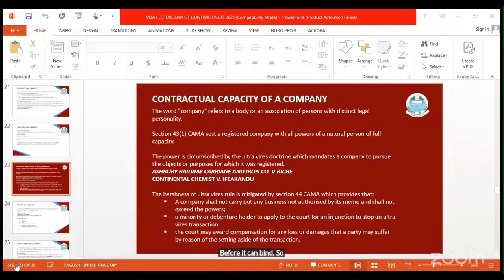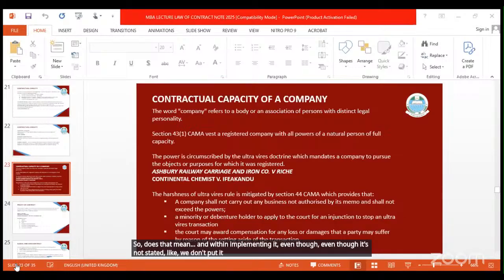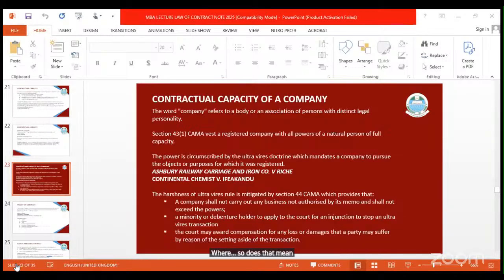So when I look at the collective agreement of my company right now, I see almost the elements of a contract, the offer, the acceptance, and all of that, present in the collective agreement that the union had with the management. We've been implementing it, even though it's not stated in their letter. So does that mean it cannot be enforced?